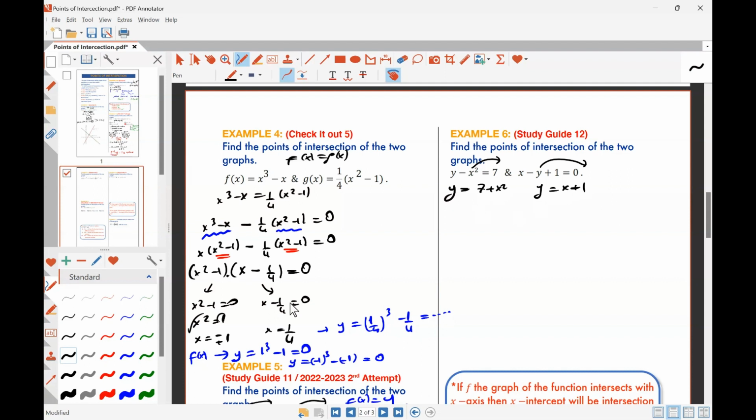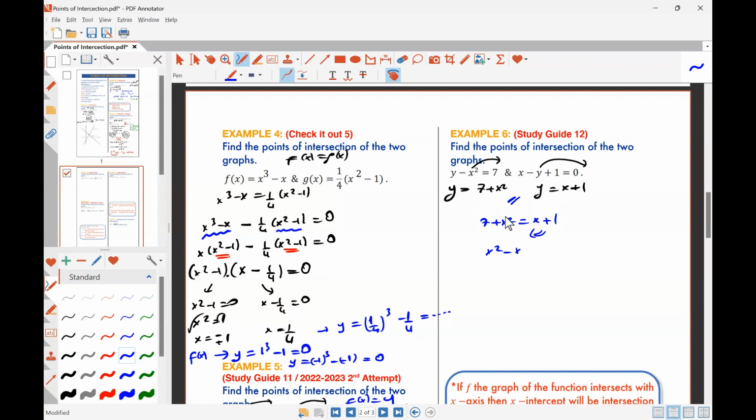So there are two different equations, so let's equalize them. On the left, 7 minus x squared. On the right, x plus 1. I have a quadratic equation, which means I need to bring everything to one side of the equation. x squared, bring x to the left, it becomes negative x.